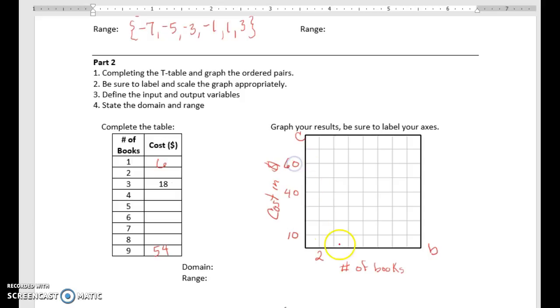Then we can graph the points that are there. Again, the domain and the range are going to be these individual values. Since this is 1 through 9, we can shortcut: 1, 2, dot dot dot, 8, 9. And the same thing for the range: 6, 12, dot dot dot. Since we know what's happening consistently with each one of these, we can use the dots to indicate it's going along in the same pattern.